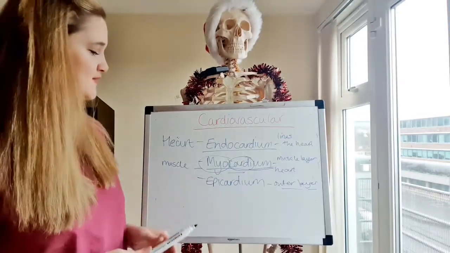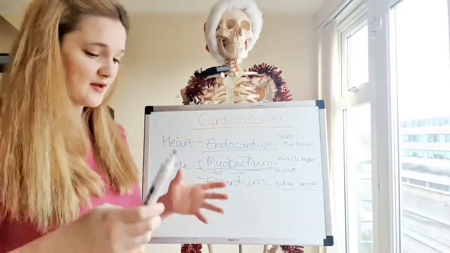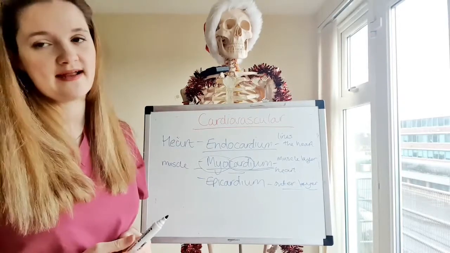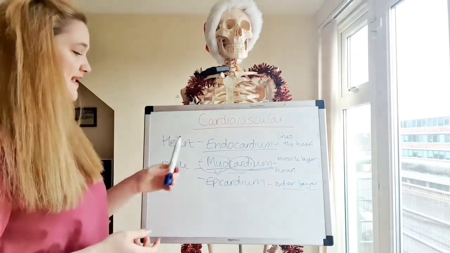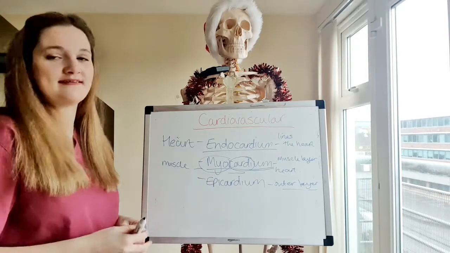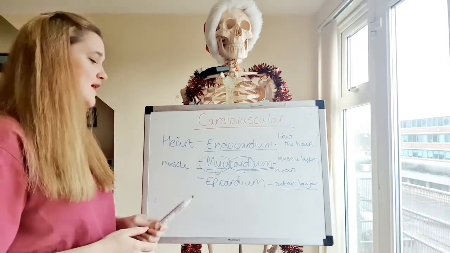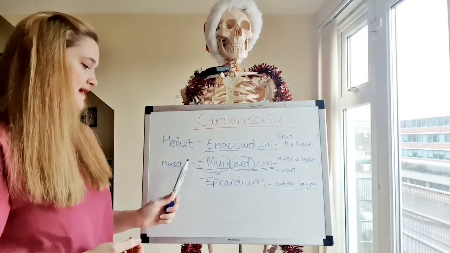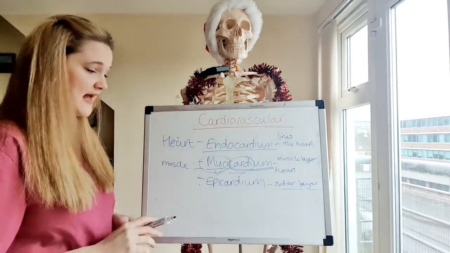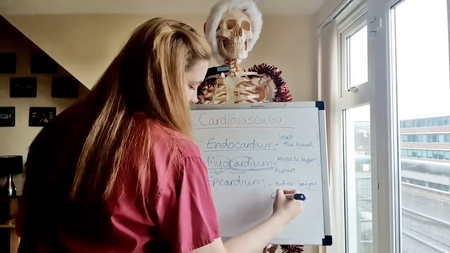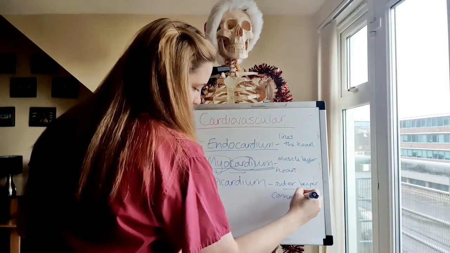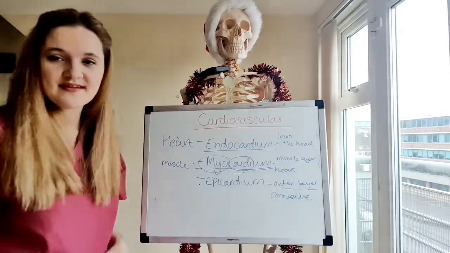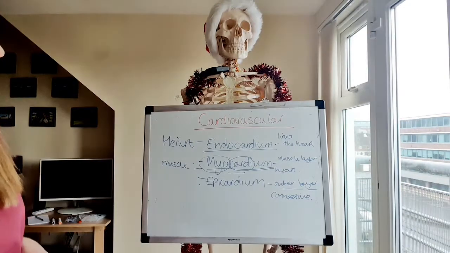This is the tissue we're talking about here, the myocardium, the middle, muscular layer of the heart. So the endocardium is the inner layer, epithelial tissue that lines the heart. The myocardium is the cardiac muscle that the heart is made of, and the epicardium is the outer layer, which is also connective tissue. Everything that we've learnt so far is coming together.